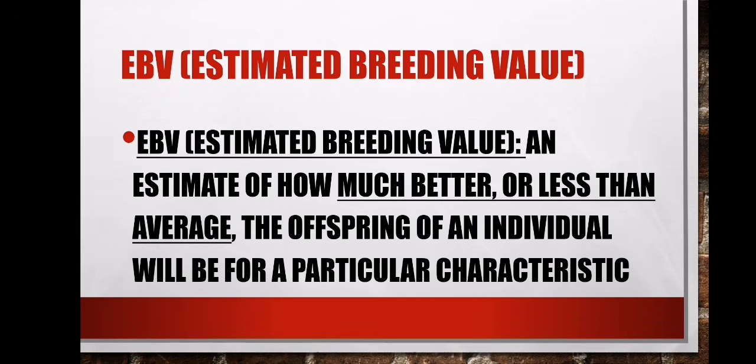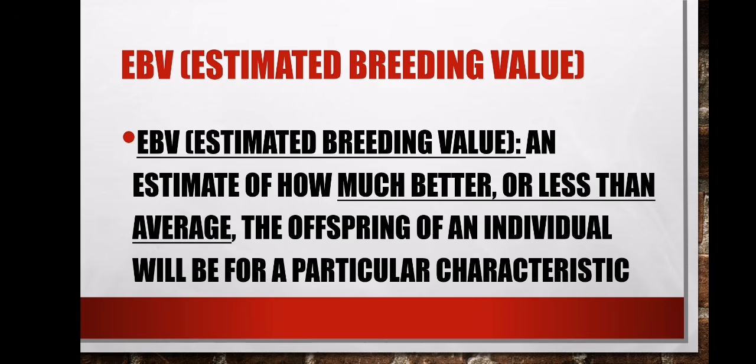What do we mean by EBV? We say it is an estimate of how much better or less than average the offspring of an individual will be for a particular characteristic. So we want to check whether the offspring will have greater than the average or less than the average for that particular characteristic when we breed that animal.